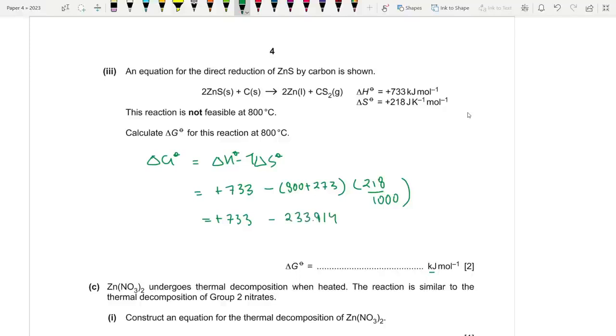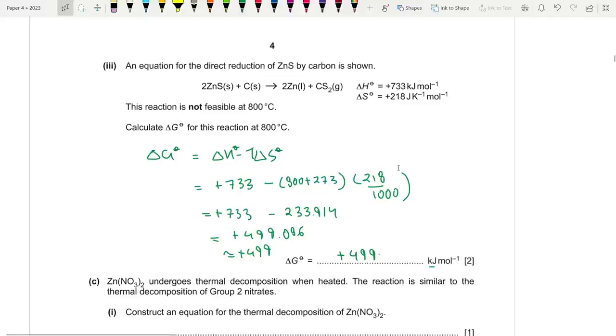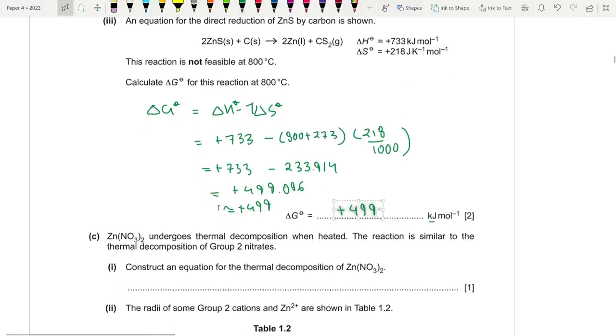So 733 minus answer gives you a value of plus 499.086. Okay, so yeah, that is our answer. So since del G is positive, it's a minimum of 3 SF, by the way. You could give this answer, you'd get full marks. It's not that strict in chemistry compared to physics.